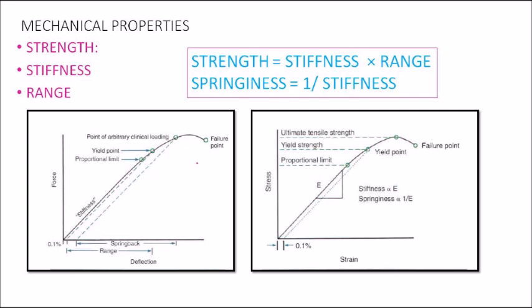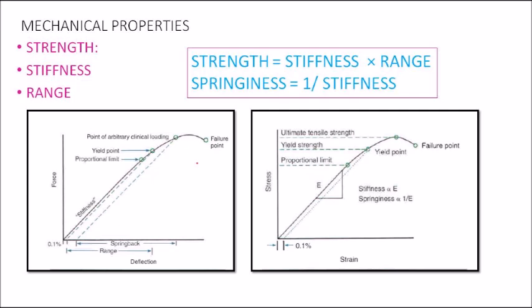Spring back is also given as a distance along the x-axis. Beyond the yield point the wire is getting deformed, but it no longer returns to its original shape. So beyond the yield point, permanent deformation is happening, but it will not break. The failure point is the point at which the wire is breaking.